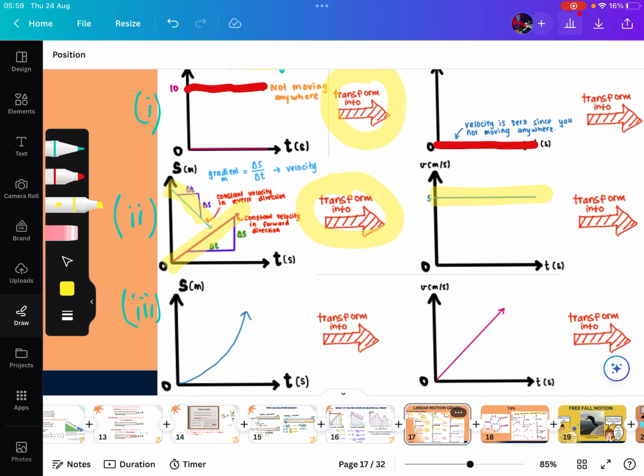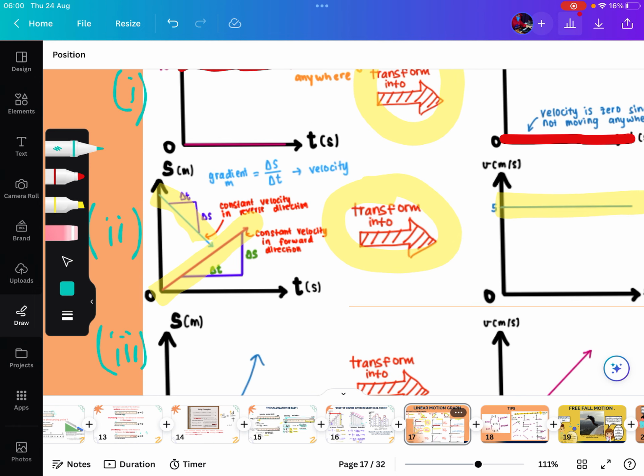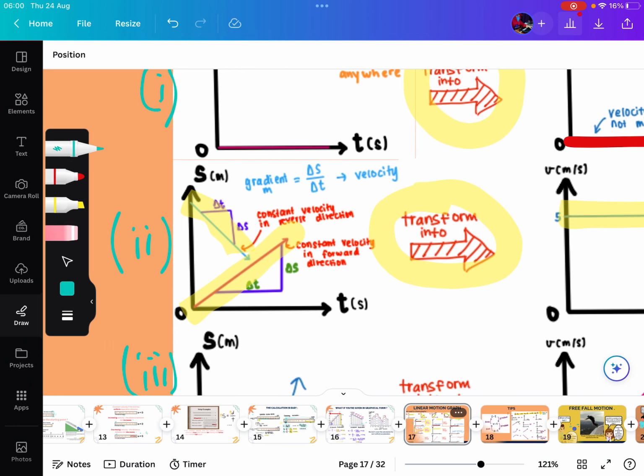Why? Because if you see the graph, the position changes uniformly. The gradient is unchanged. The definition for velocity is change in s divided by change in t.